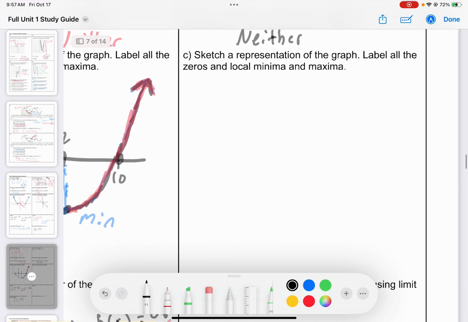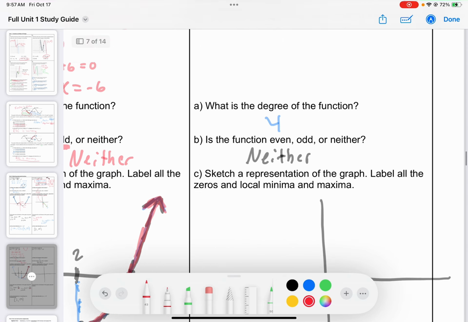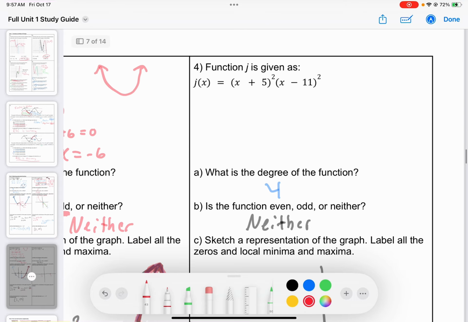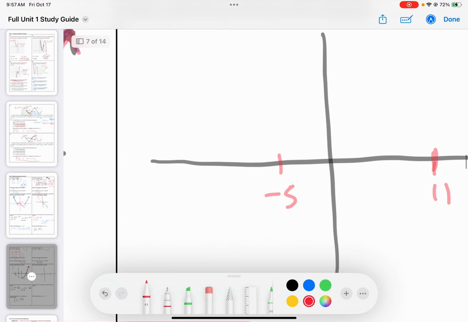All right, sketch a representation of the graph. Let's do that. Okay, so label the zeros. Well, we already have the zeros as -5 and 11. This is an even degree function with a positive leading coefficient, so we're going to open up like this. So I'm going to start coming down at this -5.